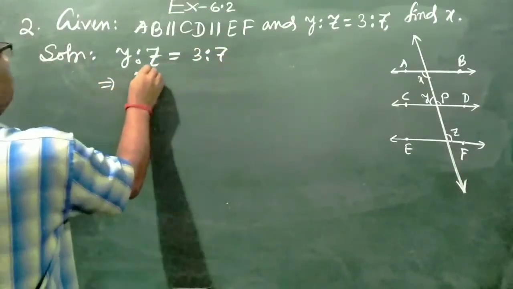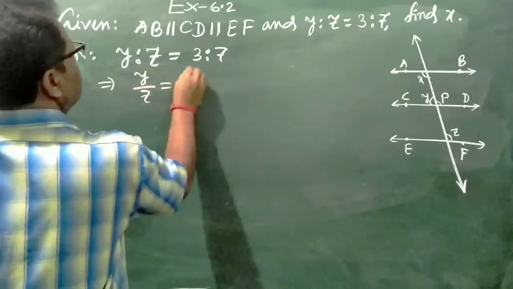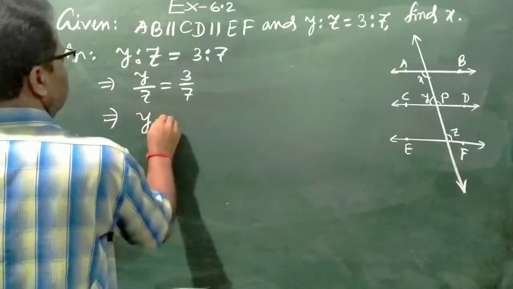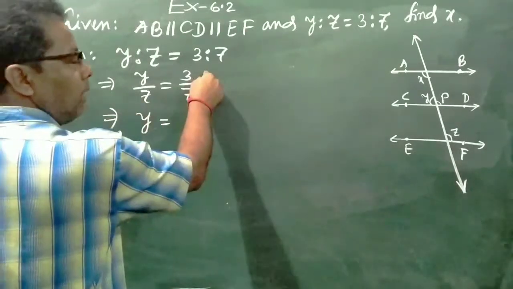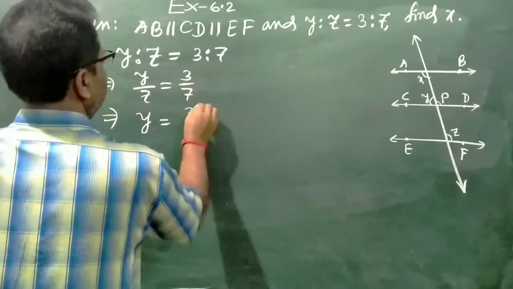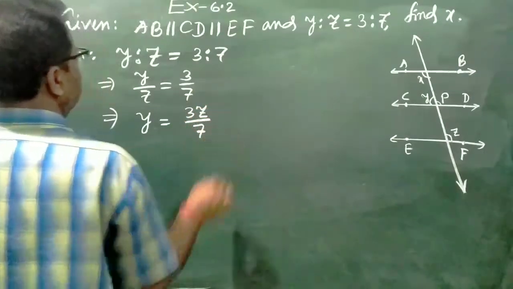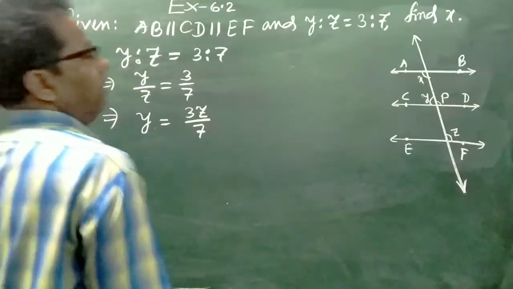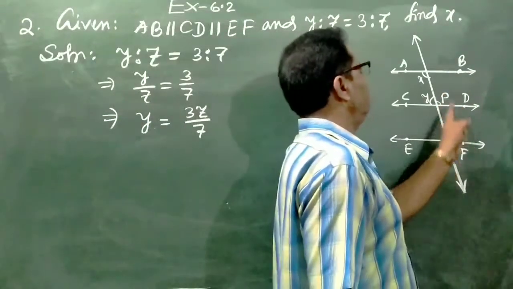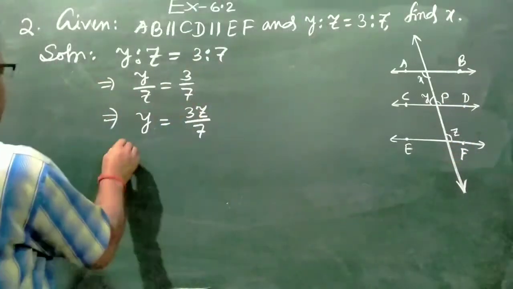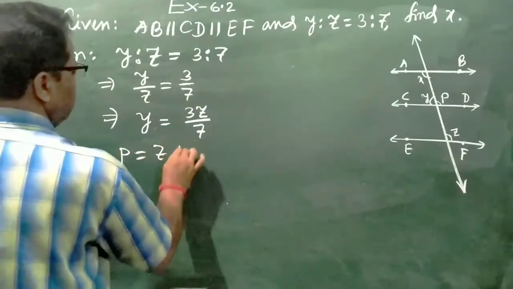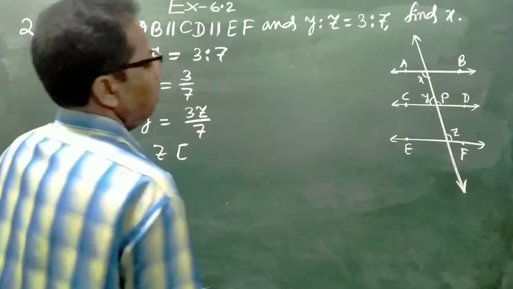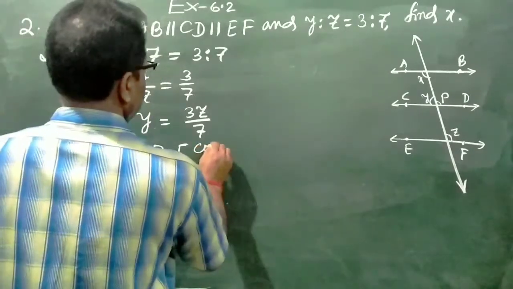Therefore Y by Z is 3/7. Therefore the value for Y will be 3Z by 7, by cross multiplication. But here P is equal to Z. These two angles are corresponding angles.